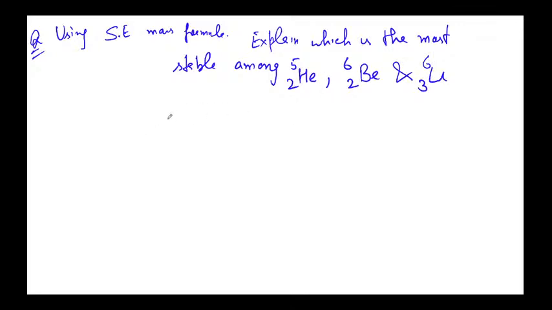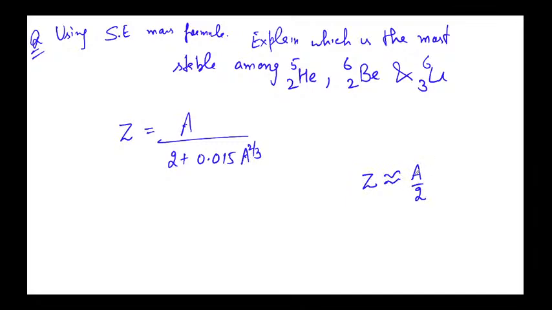So which is the most stable isobar? Using the relation A over 2 plus 0.015 times A to the power 2 by 3, we can put the values of AC and AN, and for lighter nuclei we have derived that Z is equal to A by 2.